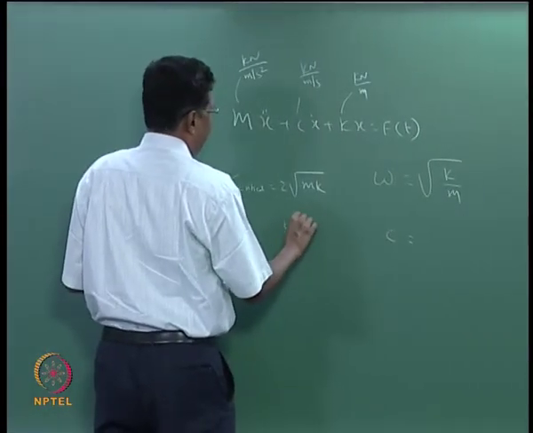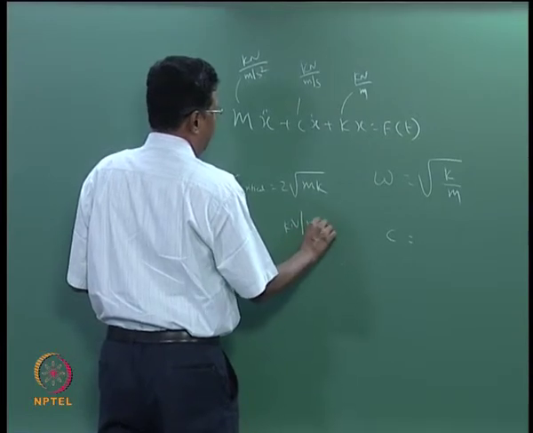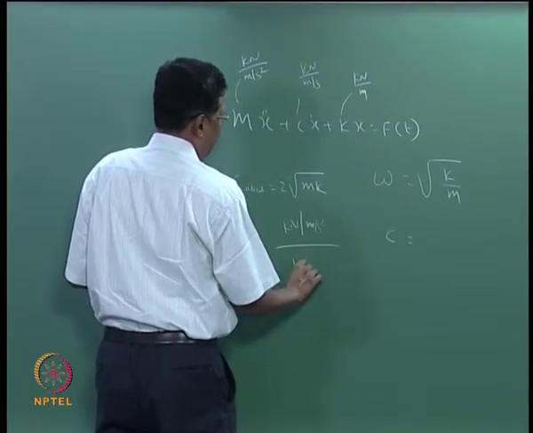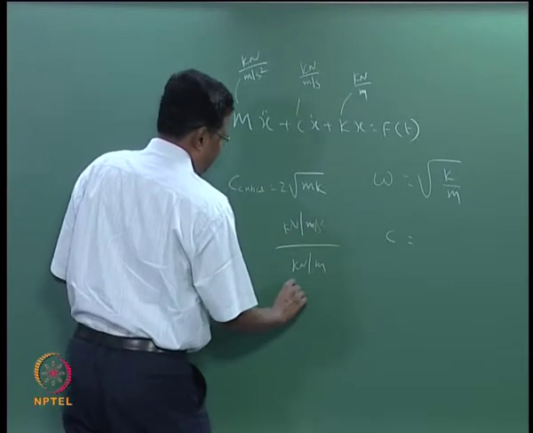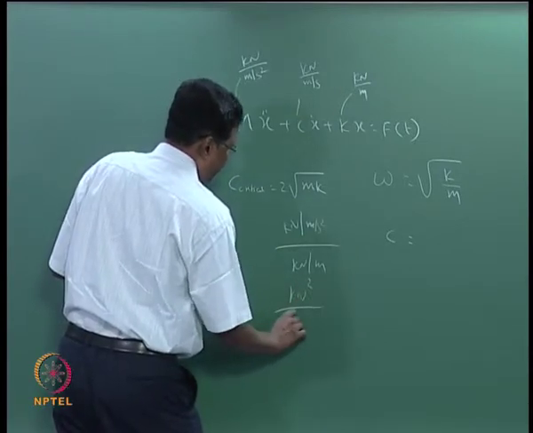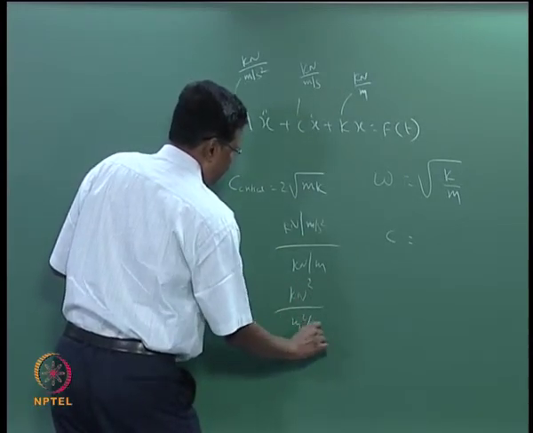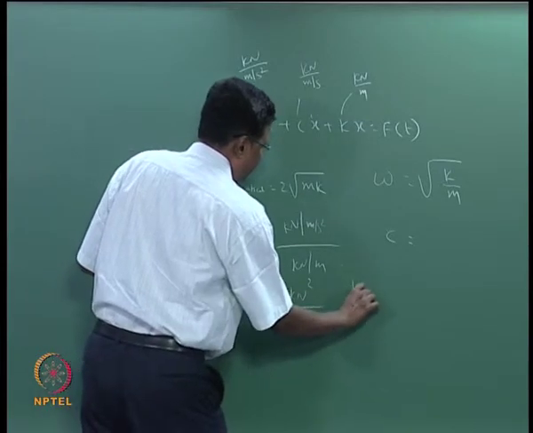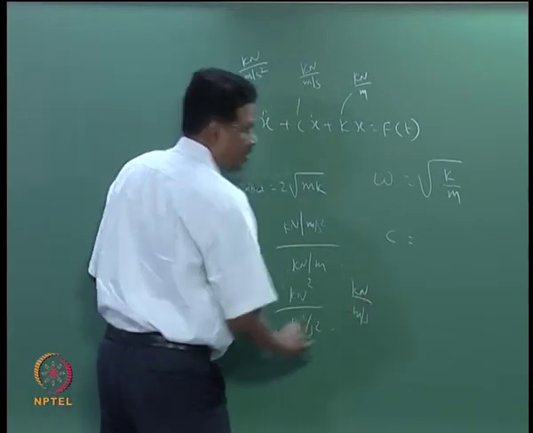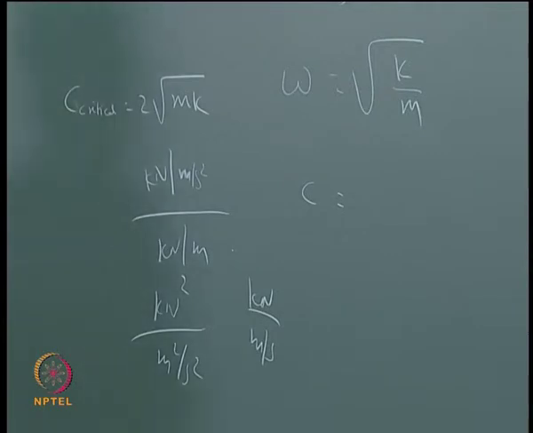M is kilonewton divided by meter per second square, K is kilonewton per meter. So this will become kilonewton square by meter square by second square. If we take a root of that, it will become kilonewton by meter per second, right. Whenever you write any derivation or equation, you check the units. This is a very simple way of doing it. If you do not get it properly, then there will be a problem.